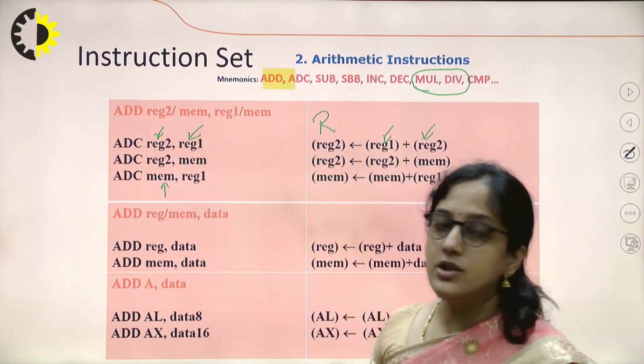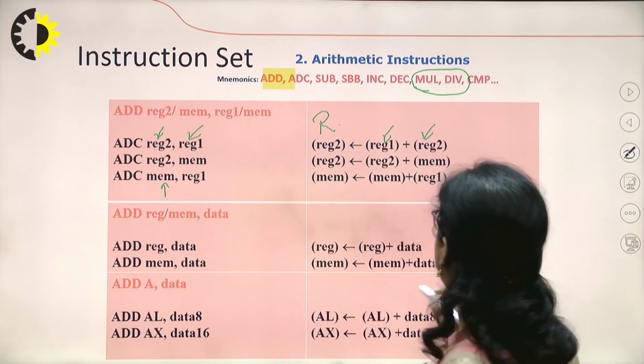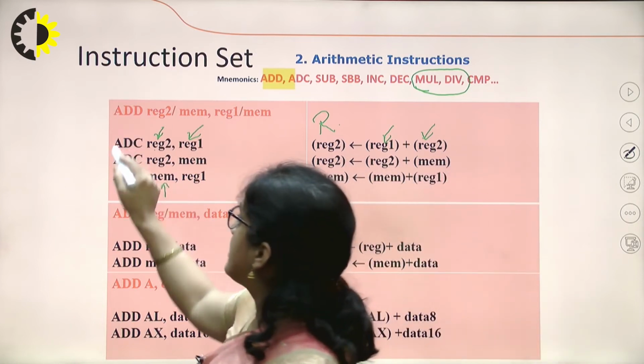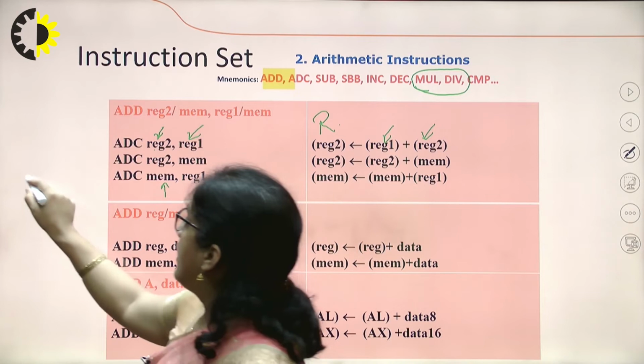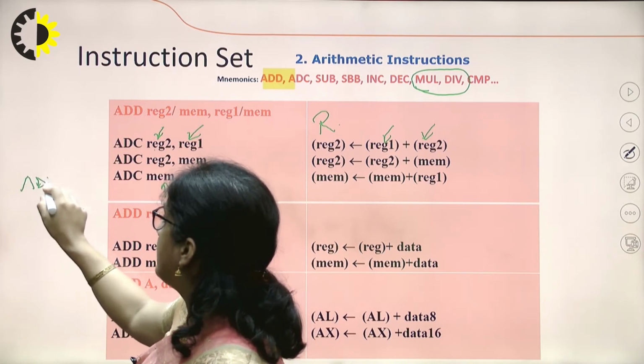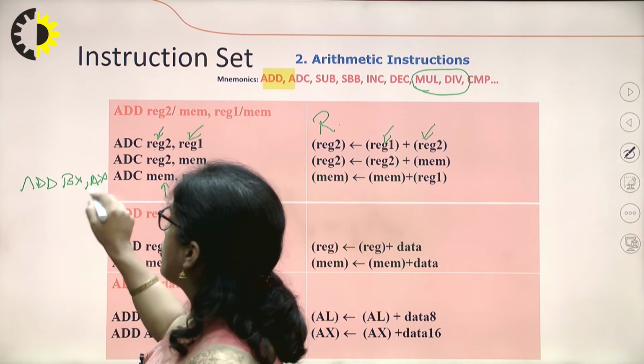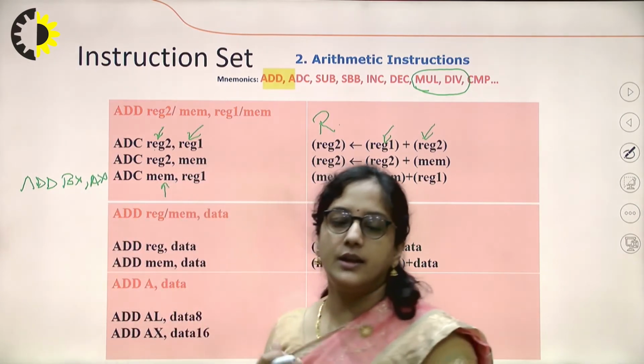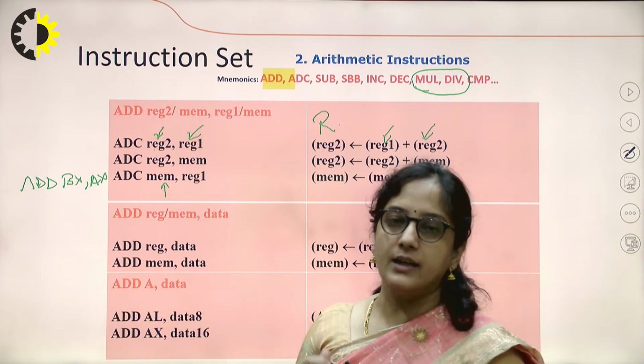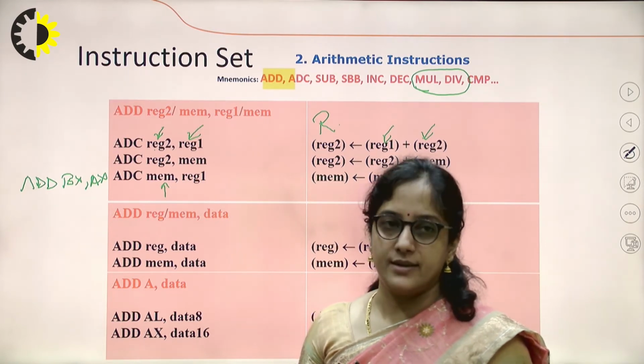So in case of 8086, this instruction is add with carry. We can specify ADD BX comma AX. So the data of AX and BX get added and the result is stored in the BX register.